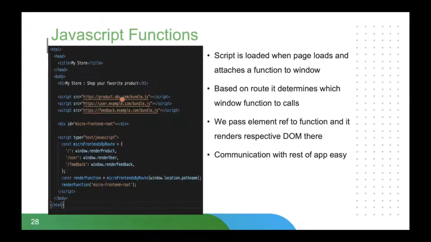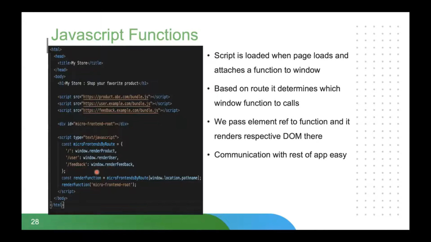Through that, you can access or load the micro frontend. I will come to the implementation part, how it attaches a function to the window and how we can use it. Here, the product page will attach a window.render method, and through that we can access that micro frontend. Also, window.render user will inject a method that we can use for the user. Likewise, the feedback micro frontend does the same thing.